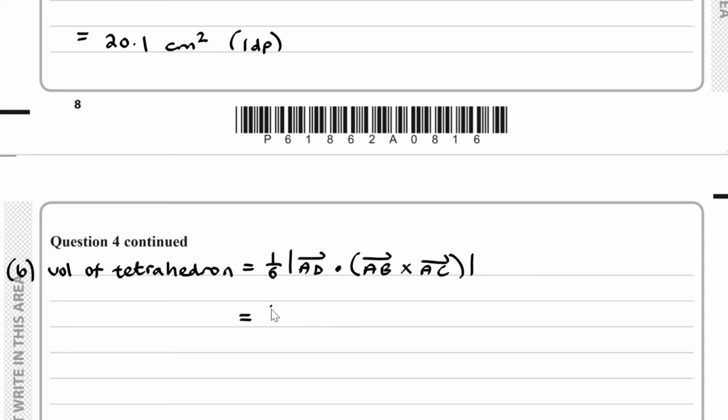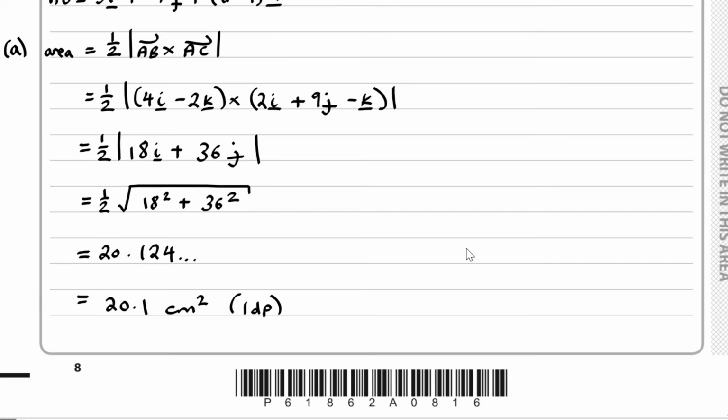And we've already worked out what AD is. Remember, that was 3i plus 7j plus d minus 4k. And we need to dot product this with AB times AC.